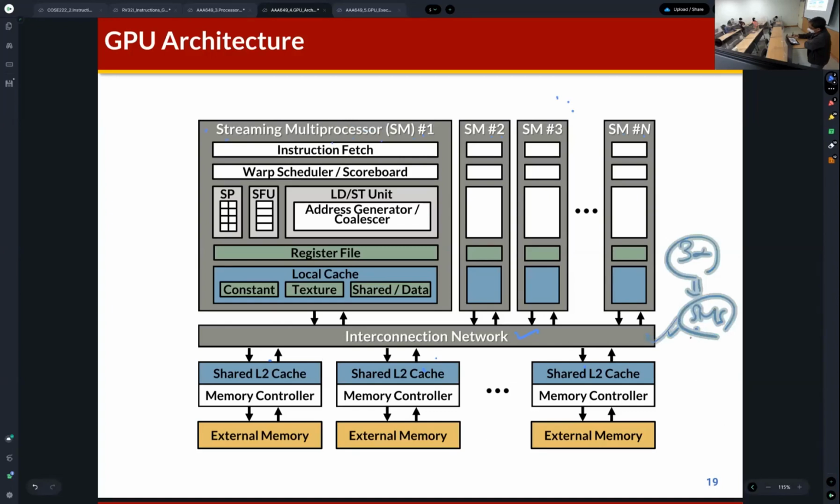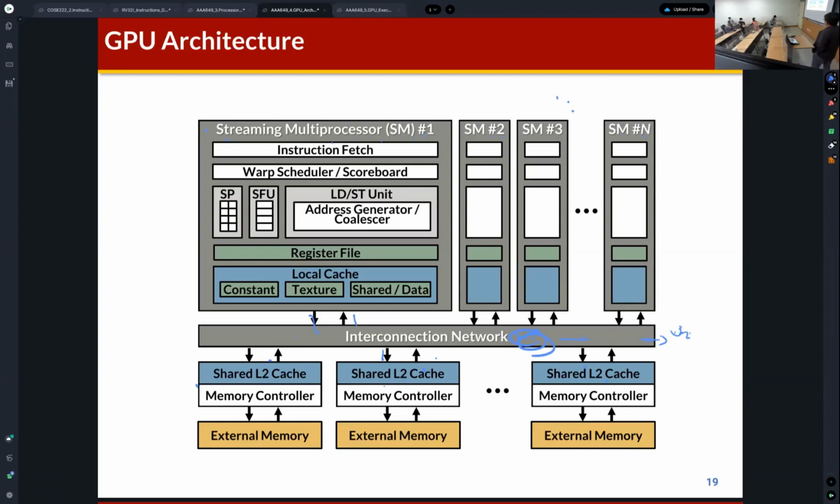In a single GPU chip, there are tens of SMs, and each SM is connected via an interconnection network. As I mentioned, multiple L2 cache partitions are also shared via the interconnection network. We don't know which interconnection network NVIDIA uses, but the GPU simulator lets us configure the interconnection network in different forms.